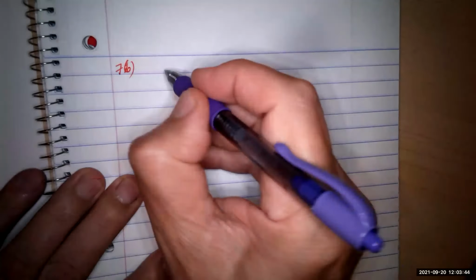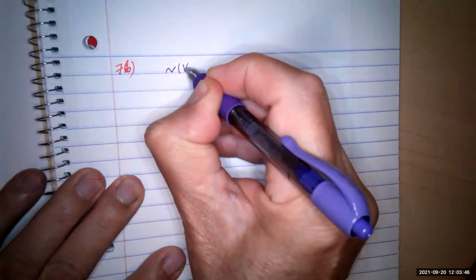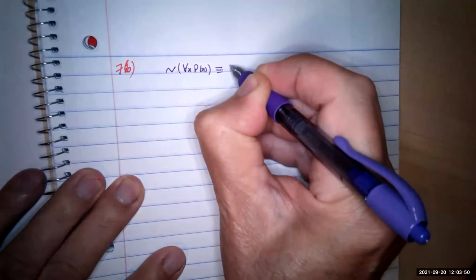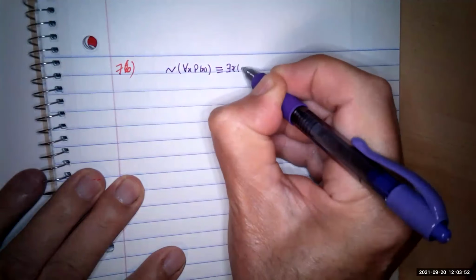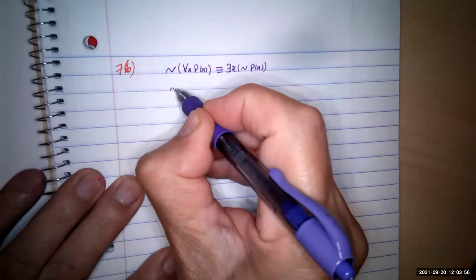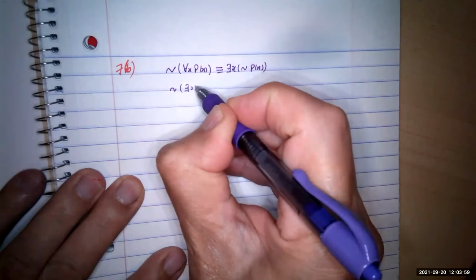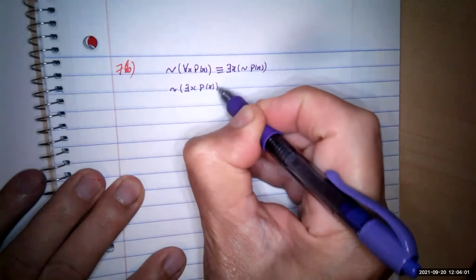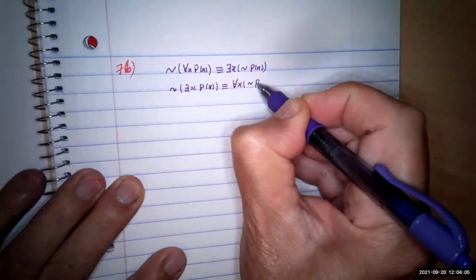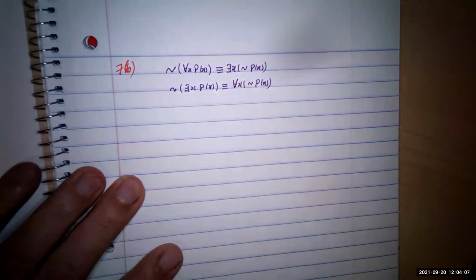What you need for this problem is this: the negation of for all x, p(x) is there exists an x, not p(x). And the negation of there exists an x such that p(x) is for all x, not p(x).